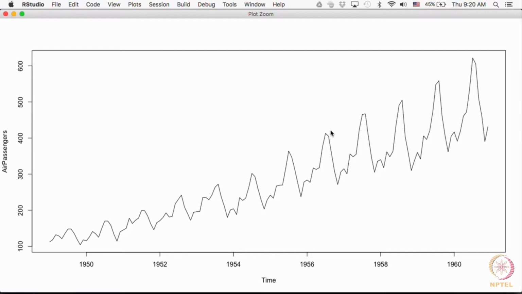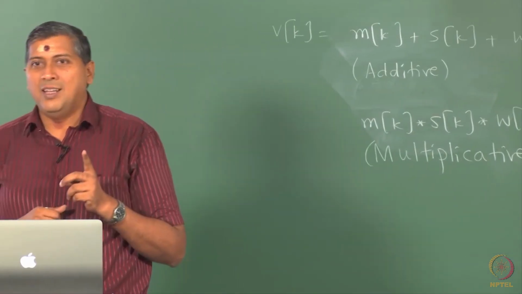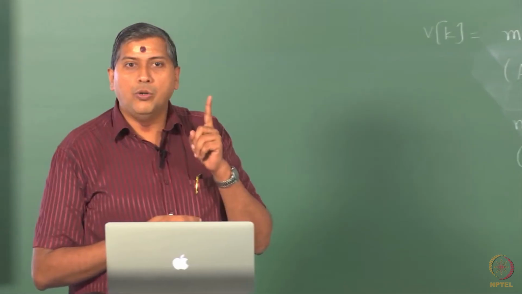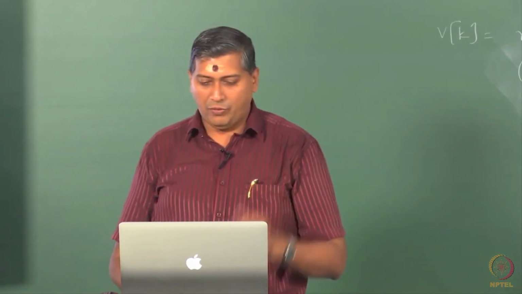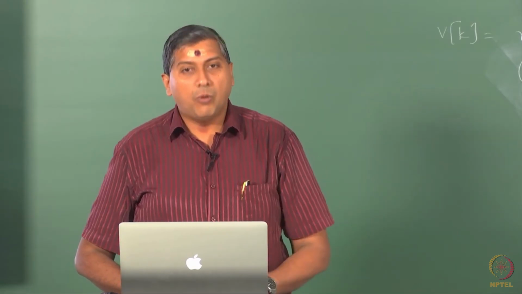We say that the multiplicative model is better suited based on the features that we have examined. Look at the power of the visual inspection. Our brain is able to do an amazing amount of signal processing in a flash of a second. So, we feel that the multiplicative model is better suited.